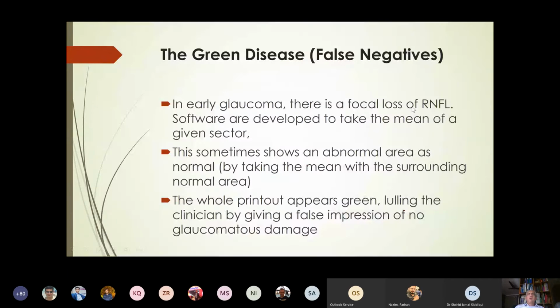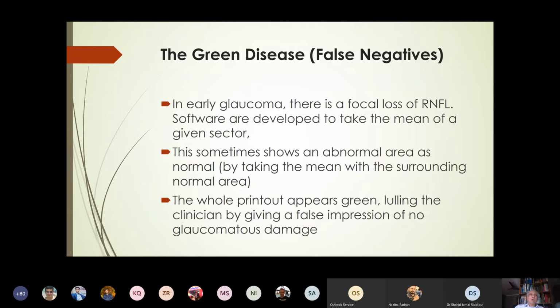So if we go forward, there is green disease. In early glaucoma, there's a focal loss of RNFL. As you know, you can get slit defects or focal defects, which sometimes get thicker or deeper, or they can get broadened. So software is developed to take the mean of a given sector. As we pointed out earlier, we have a sector scan and then we have a clock hour scan.